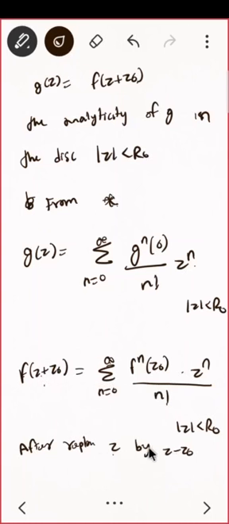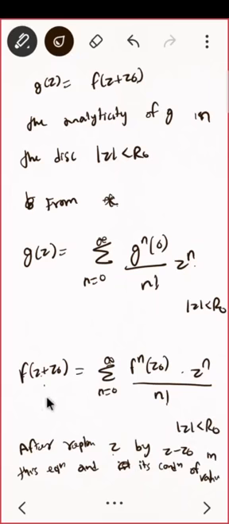This z0 will cancel in this equation, and its condition of validity is this one.